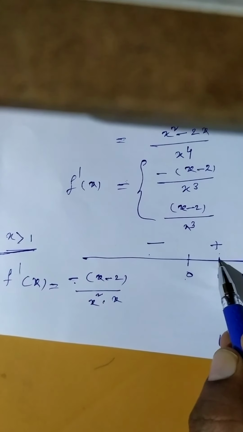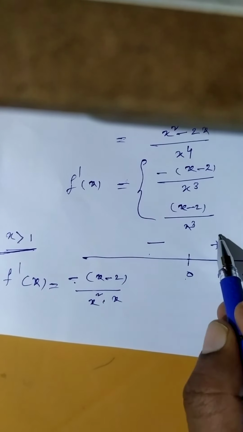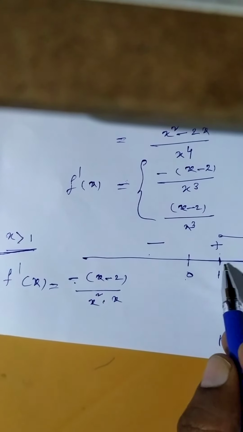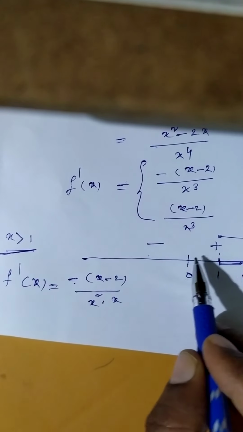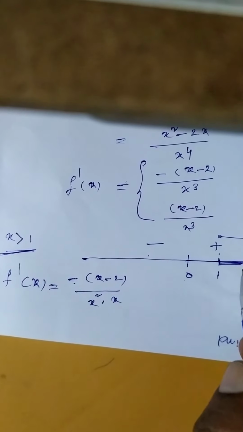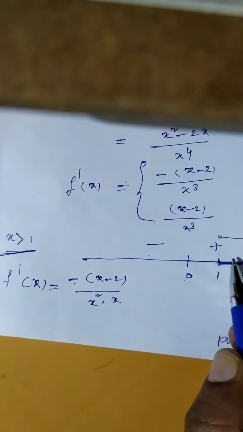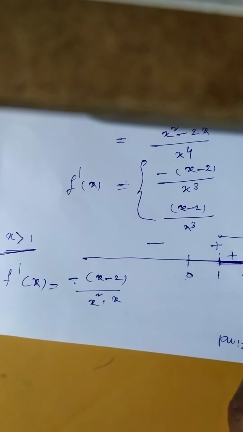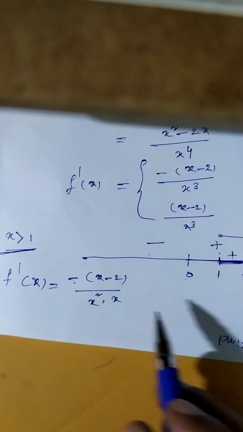So we are considering the case from here onwards. In this interval it is positive, so the function is increasing. In particular, in the interval 1 to 2 the function is increasing, and from 2 to infinity the function is decreasing.